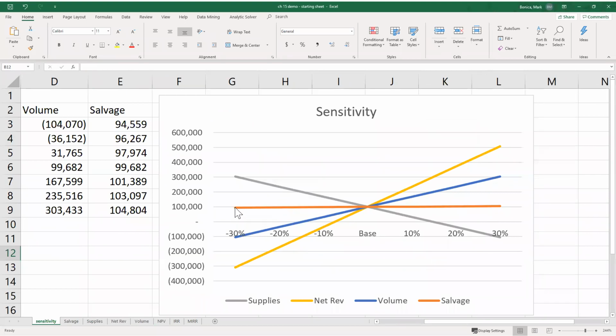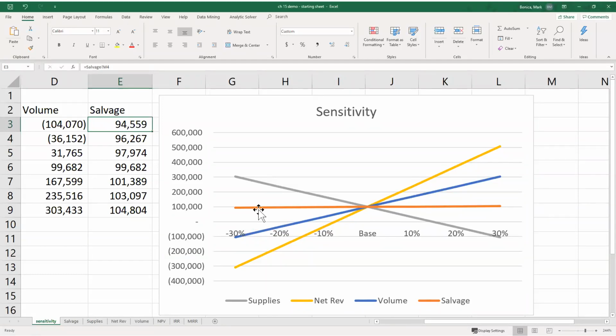Very little impact. So our worst case scenario for salvage is we're off by 5,000. Our best case scenario for salvage is we're up by 5,000. It has very little impact on our overall model, right?